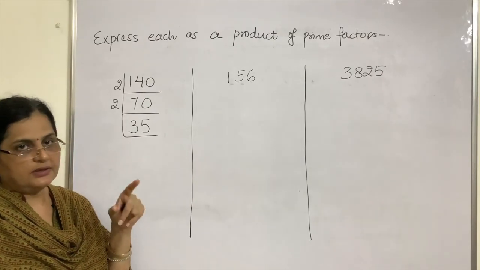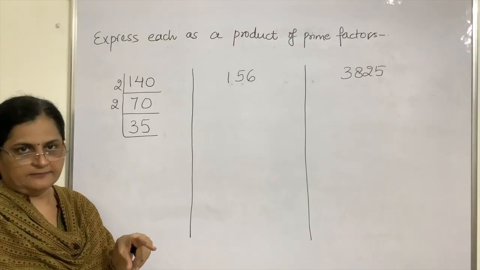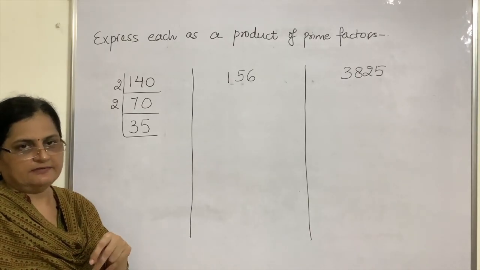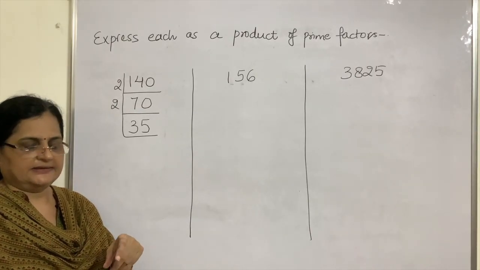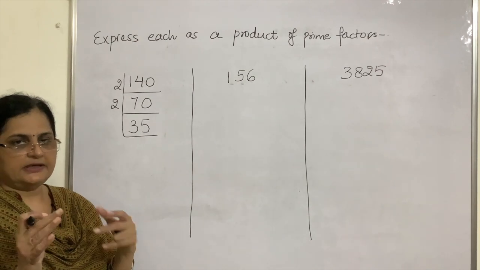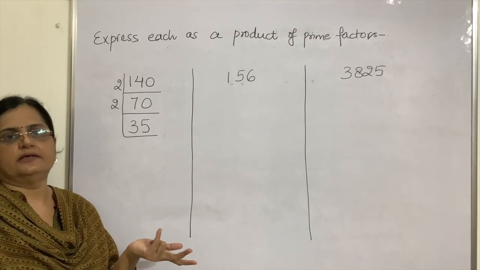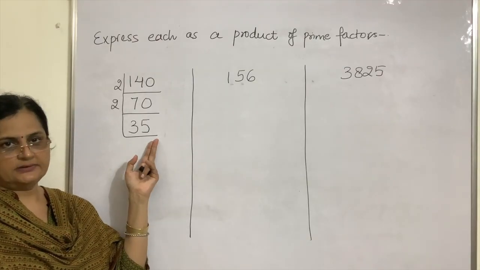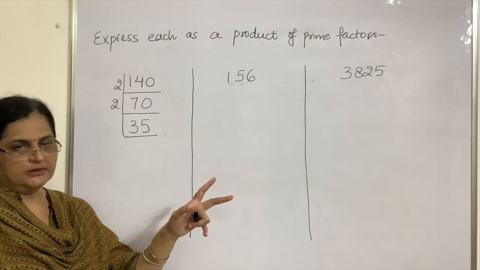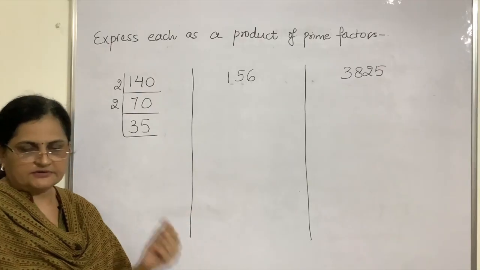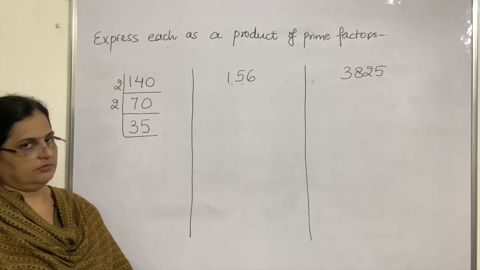If you can recall the divisibility test by 3, what was the divisibility test? Can anyone tell me? Yes, if the sum of the digits is divisible by 3, then the entire number is divisible by 3. So the sum of the digits is 8, not divisible by 3. So 35 is not divisible by 3. Move on to the next number.